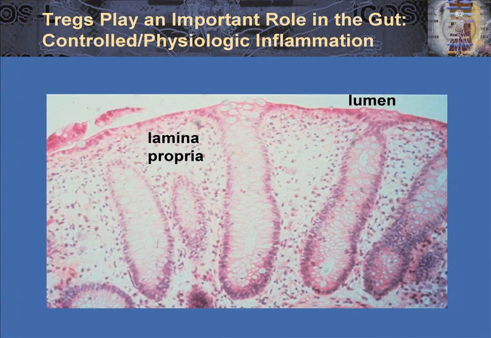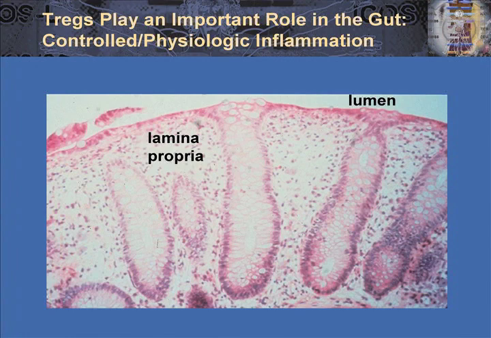Well, T regulatory cells play a particularly important role in the gut, and as a gastroenterologist who studies the inflammatory bowel diseases, I think that gut biology is probably the best example of how T regulatory cells may function in health and disease. What I'm showing you here is a photomicrograph of a normal colonic intestinal biopsy.